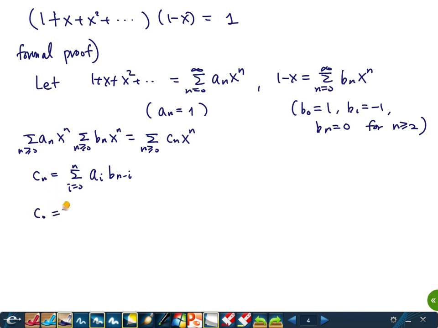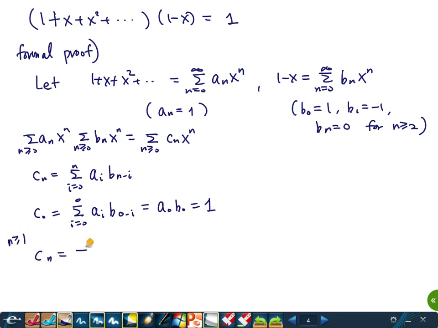Case 1, let's compute C0. By definition, the sum of ai b(0 minus i). But we have only one term over here, i equals 0. So a0 b0. What is a0? 1. What is b0? 1. So it's going to be 1. Very good. So now n is greater than or equal to 1.